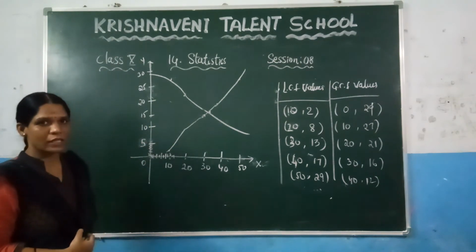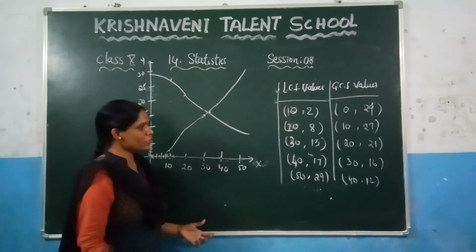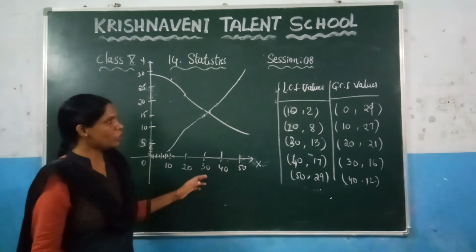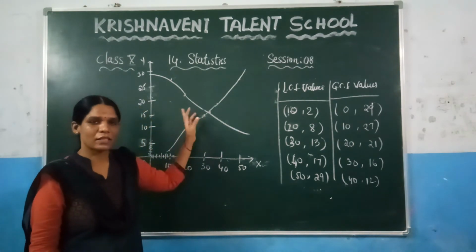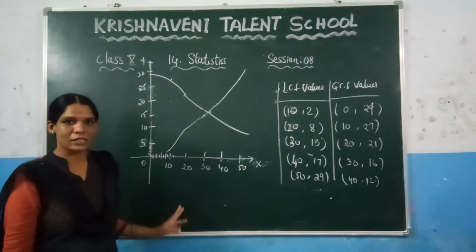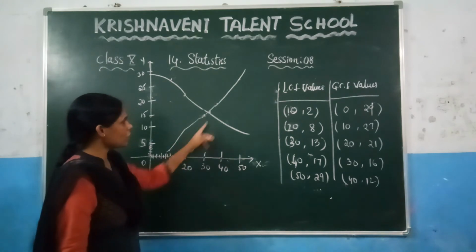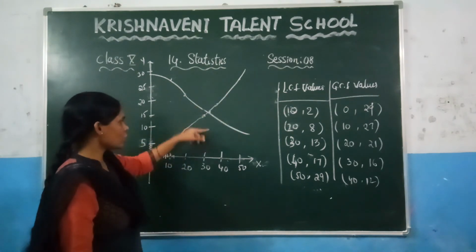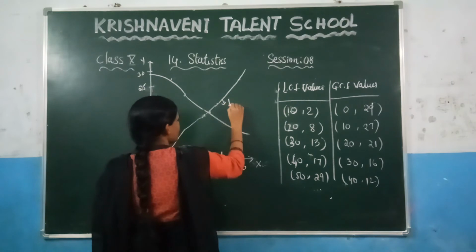But here in the exams, if suppose they ask in the same graph, draw less ogive curve and the greater ogive curve and find the median. If suppose they ask like this, then you need to draw the less ogive curve and the greater ogive curve. This is the less ogive curve, right?